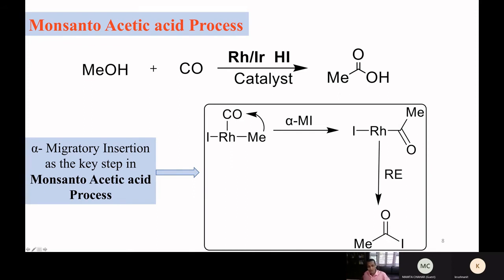Simple. So you see how many principles we have applied here. Almost everything that we have learned so far: oxidative addition, alpha migratory insertion, and reductive elimination, right? All these three principles have been applied in the Monsanto acetic acid process.